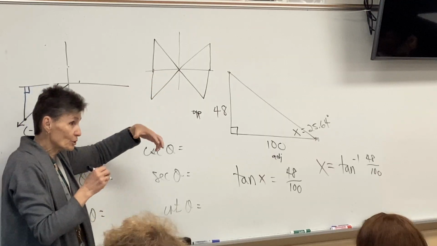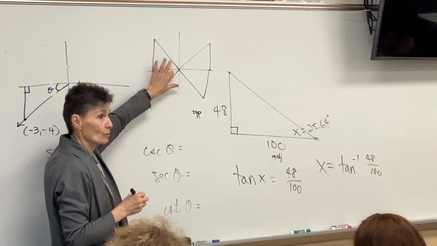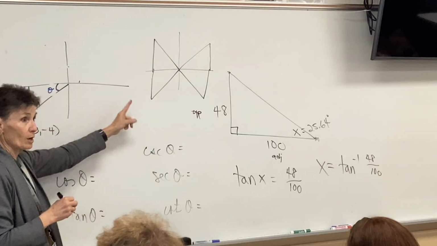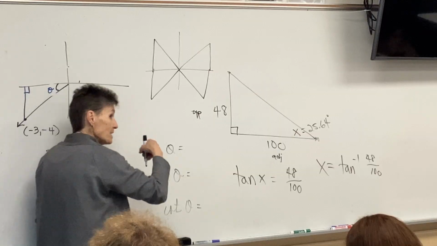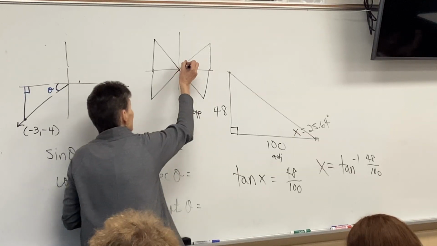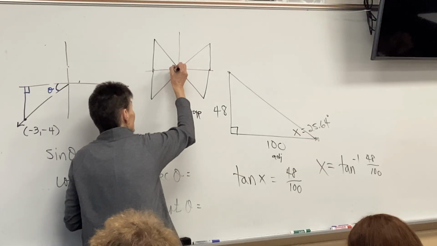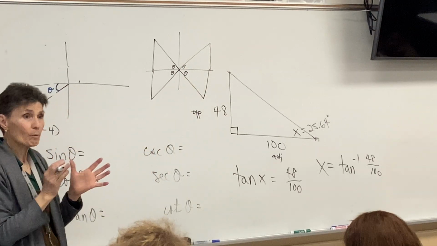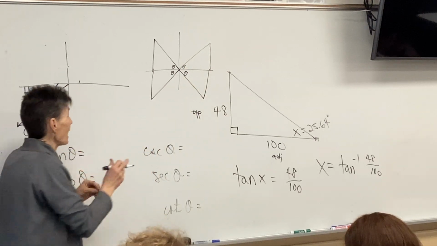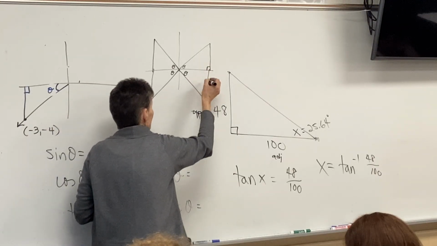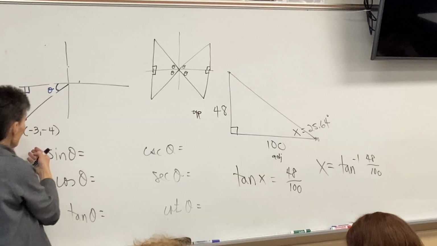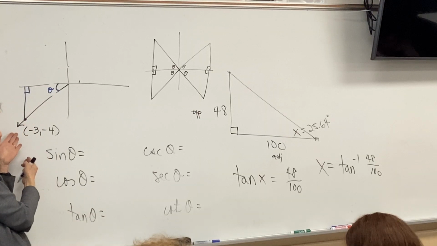If you're in quadrant 2, that's the triangle you'll draw. If you're in quadrant 3, that's the triangle you'll draw. And theta is always at the origin. So you have your little right triangles. I've got the one now that is in quadrant 3.